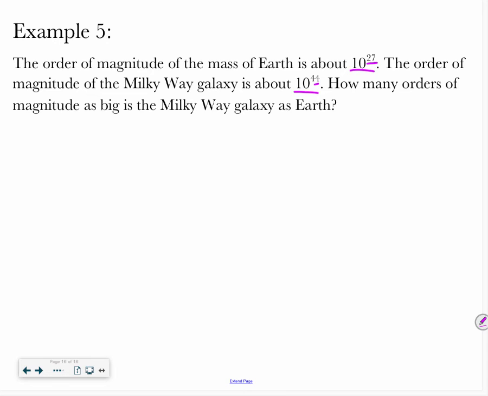44. So we want to know how many orders of magnitude as big the Milky Way is as Earth. So we're going to take our Milky Way, and that's 10 to the 44th. We're going to divide it by our smaller Earth, to try to figure out how many times bigger the Milky Way is. So we have the same base, and we have a power and a power.